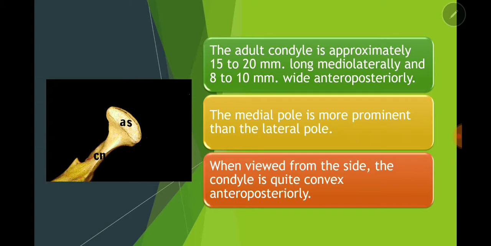The adult condyle is approximately 15 to 20 millimeters long mediolaterally, and anteroposteriorly it is 8 to 10 millimeters wide.